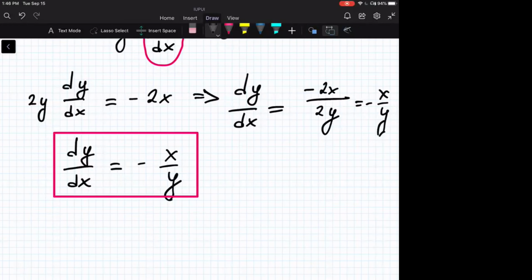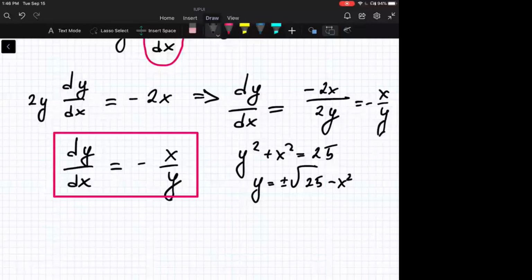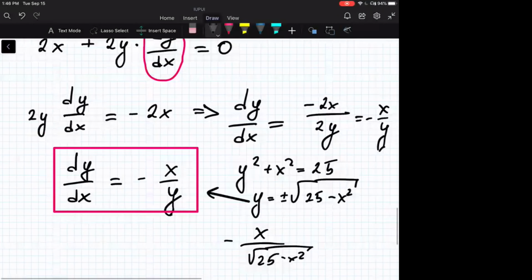Of course, I can use the equation y squared plus x squared is equal to 25 and get that y is equal to plus or minus square root of 25 minus x squared, and plug it here and get that it is the same, minus x over square root of 25 minus x squared. That's what we got before.